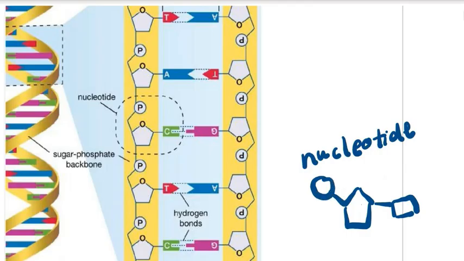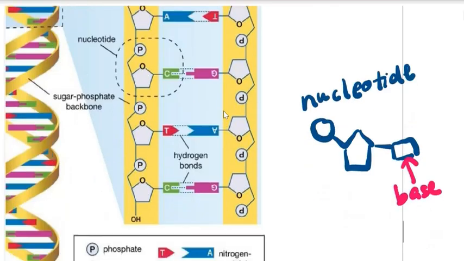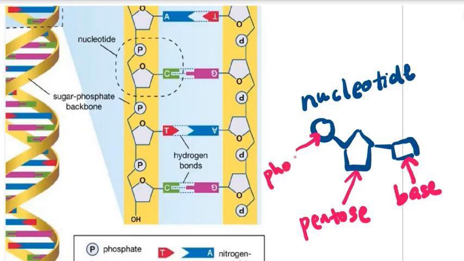So this will be the base, which is what we mentioned, the sequence of the nucleotide base. Then there is the pentose sugar, and this one will be the phosphate group.